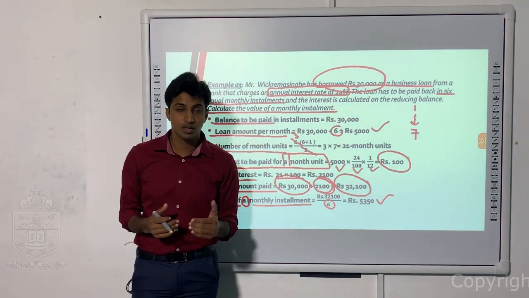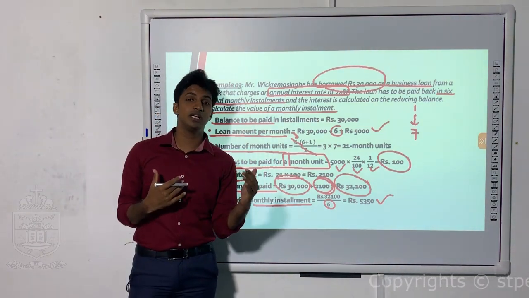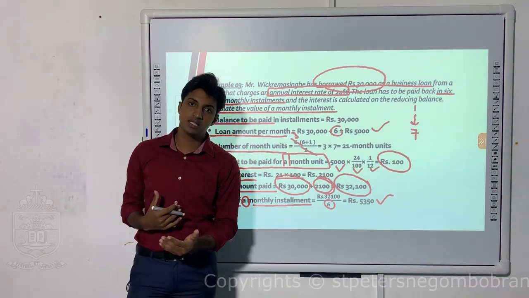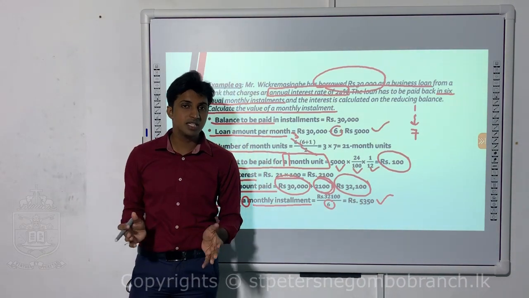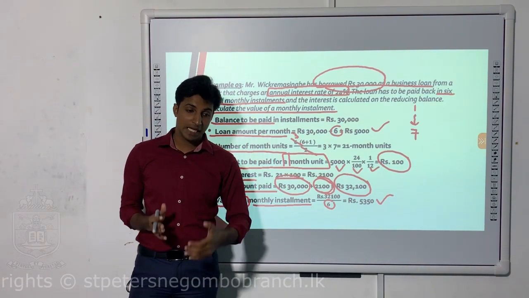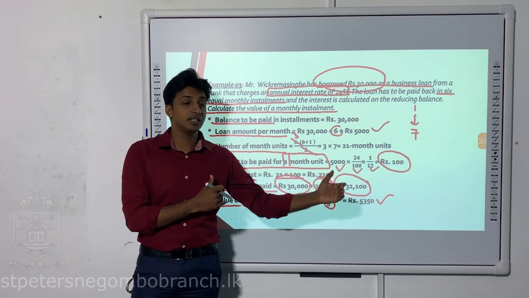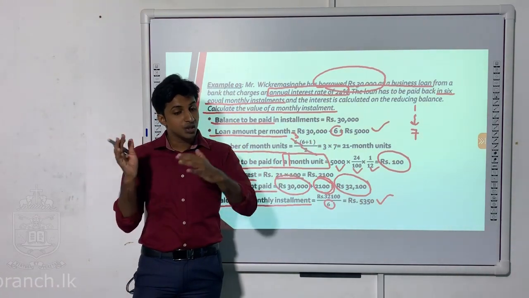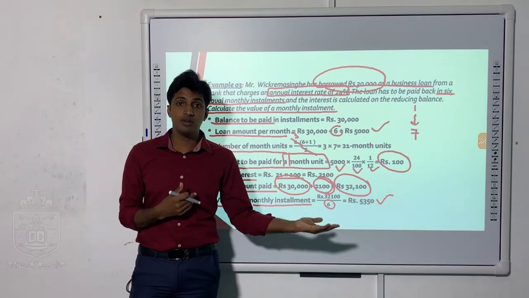So this is the general structure of this question under hire purchase, or under calculating the interest under the reducing balance method. Very simply, you're going to buy something, you're going to give a down payment, and the rest will be calculated in installments. While you're paying the installments, the amount you have to pay will reduce.